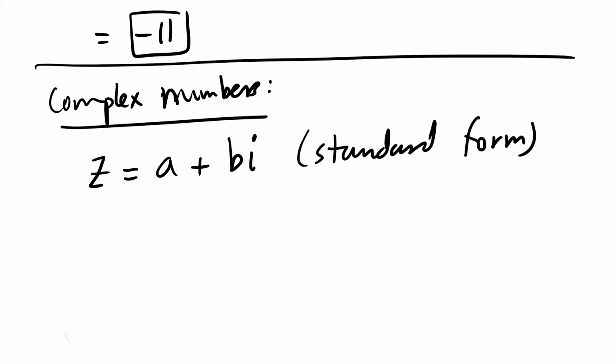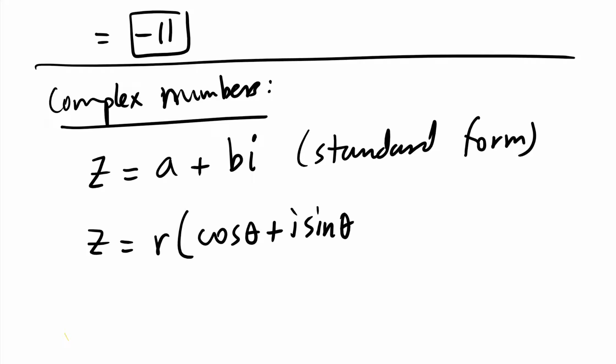And we also learned what we call the trig form, r times cosine theta plus i sine theta. That's called trig form. Or you can write it as r cis theta, which is the abbreviation for that. This is trig form.